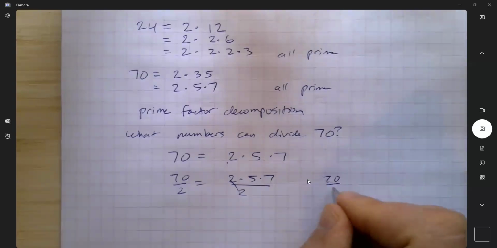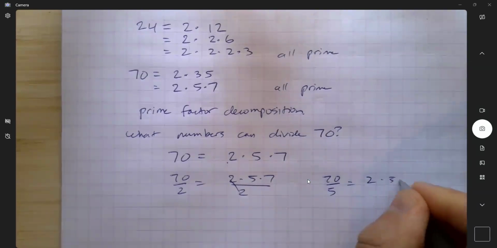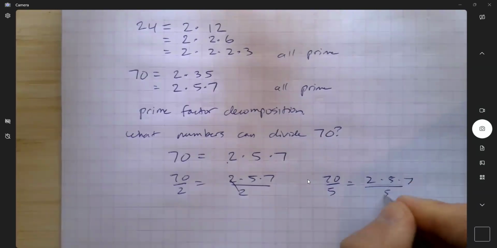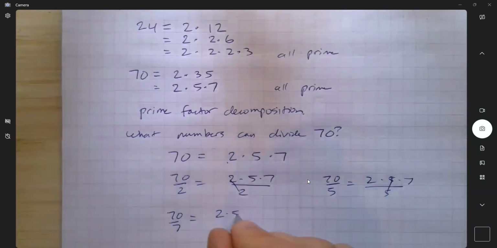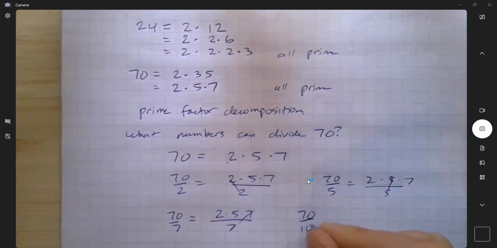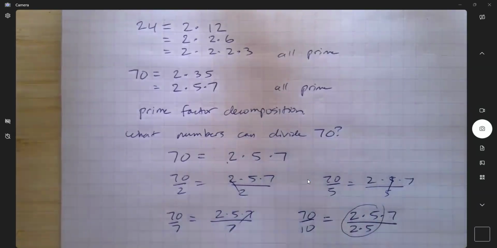And 5 can divide 70 because 5 is one of its prime factors. 7 can divide 70, but so can 10, because 10 itself is made up of the same primes that are building blocks of 70.